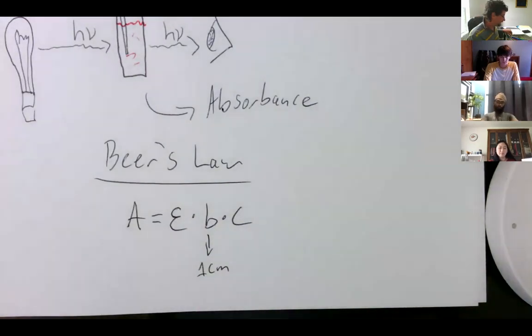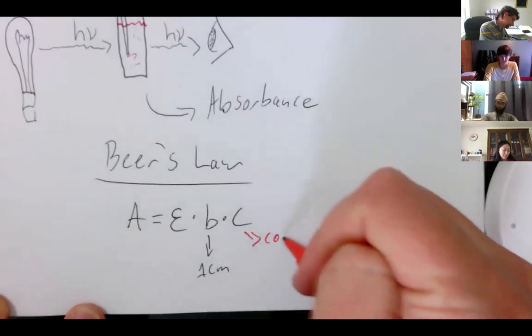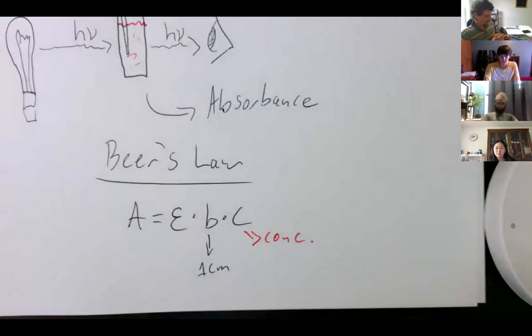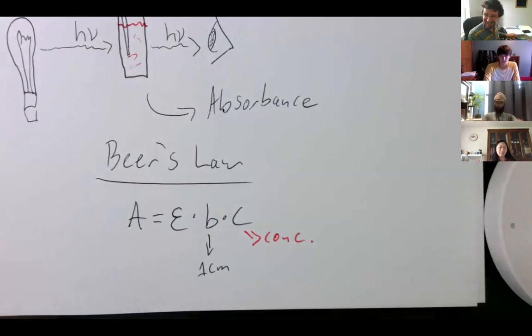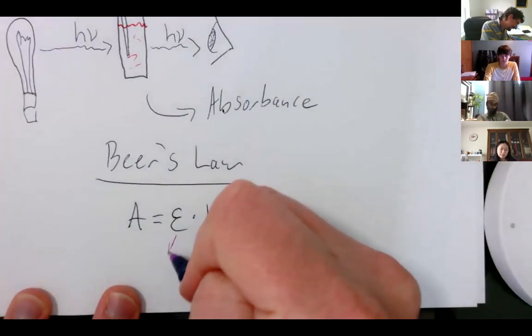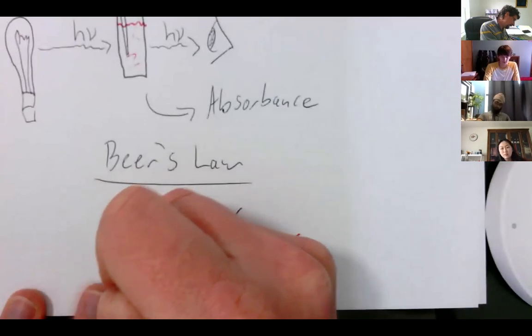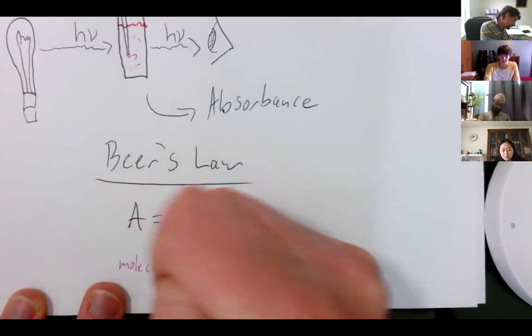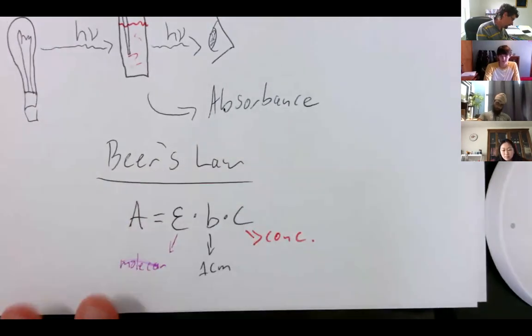C, what's C? That one's an easy one. Concentration. Yup. And then that epsilon or curly E, as we so affectionately call it. What's that? A molar constant or coefficient. Yep, molar, except I can't spell it at all.